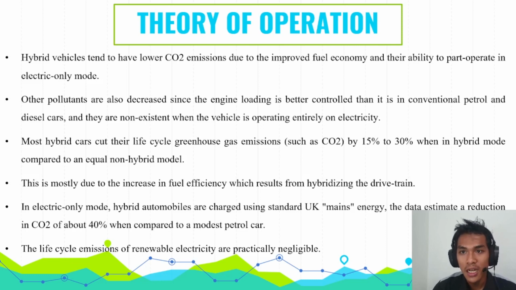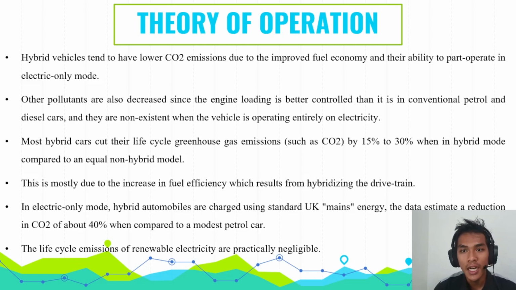Other pollution is also decreased since the engine loading is better controlled than it is in conventional petrol and diesel cars, and it is non-existent when the vehicle is operating entirely on electricity.